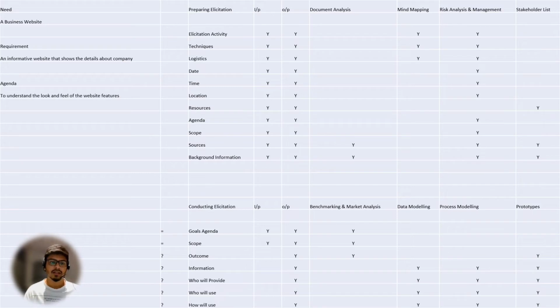So you need to understand what that company does, how that company has been performing, what their company goals and motto are, and you'll identify all those resources, legals, contracts. I mean, all the business analysis information you will be collecting by yourself, and that will be considered as an input. And similarly, that will be helpful to you again as an output. You do a document analysis for this, and also a stakeholder list to identify the sources from each of the stakeholders.